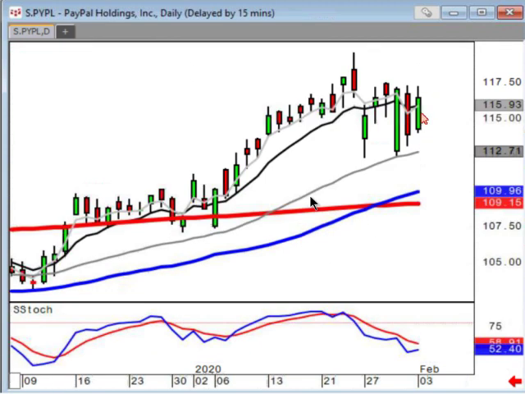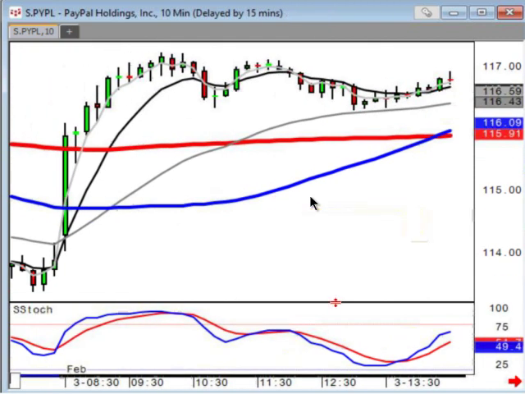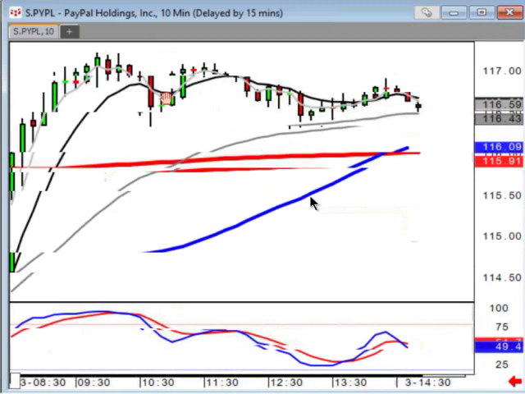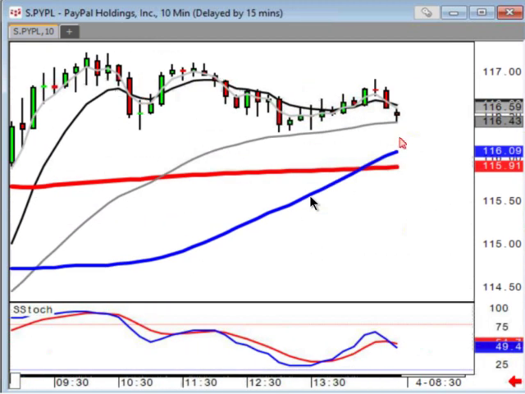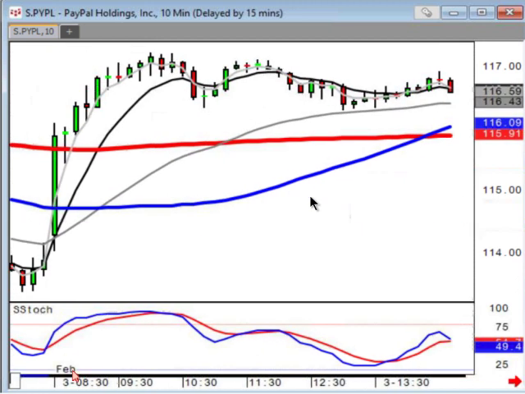So if this is what we want to see what's going on, this is today's 10-minute chart. It opened here and came up, I think. This is how the first 10 minutes traded today, and then what it did for the rest of the day.